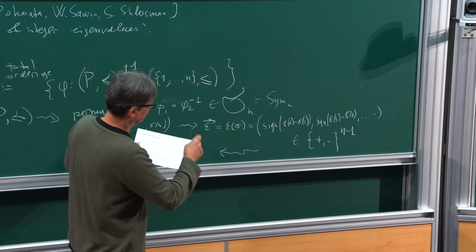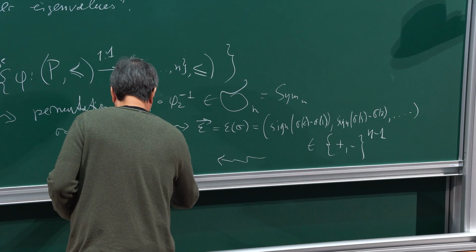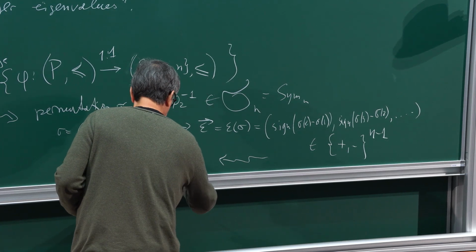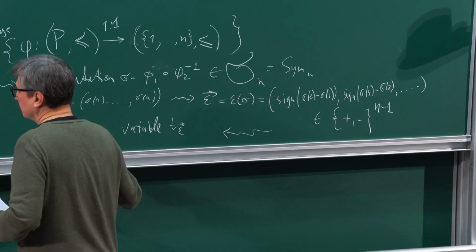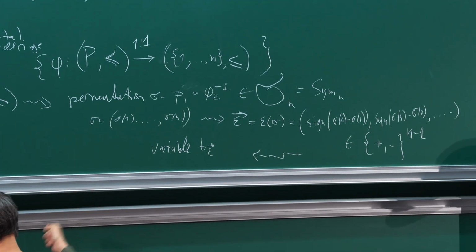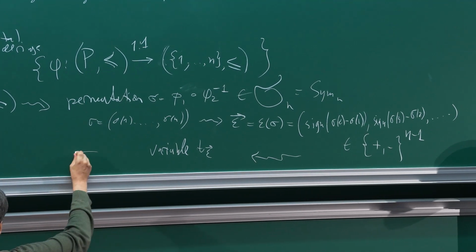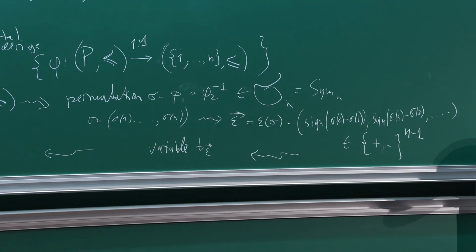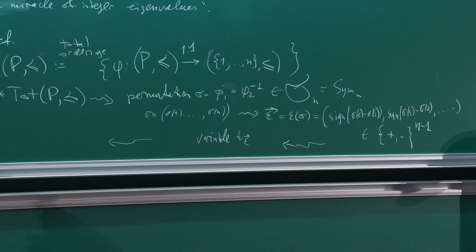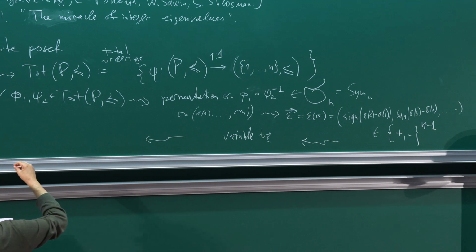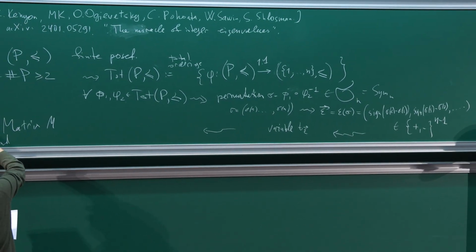And with any sequence of signs, we associate a variable, just t with indices plus or minus 1. Then we get a matrix M filled by variables. It will be a square matrix.